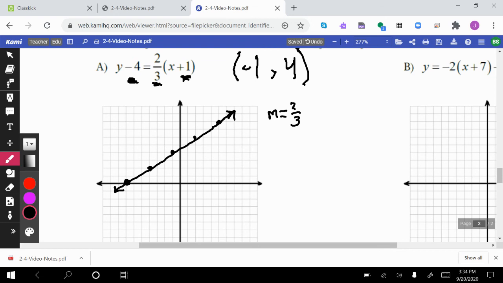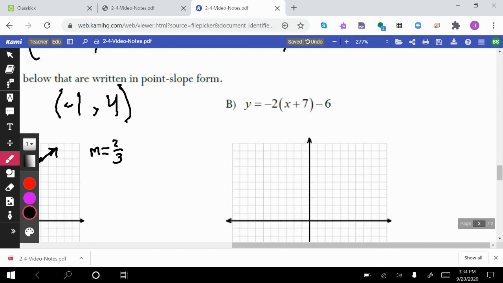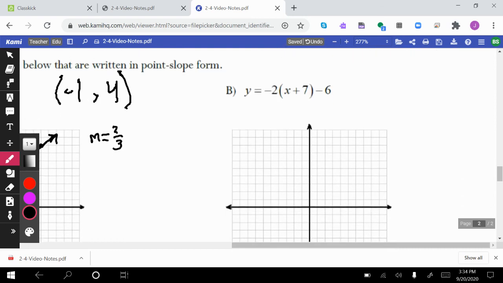Same process for letter B. We're given y equals -2 times x plus 7. So we know our point is, now again, this is easy to get confused. It says +7, but remember, inside the parentheses is x minus x1.